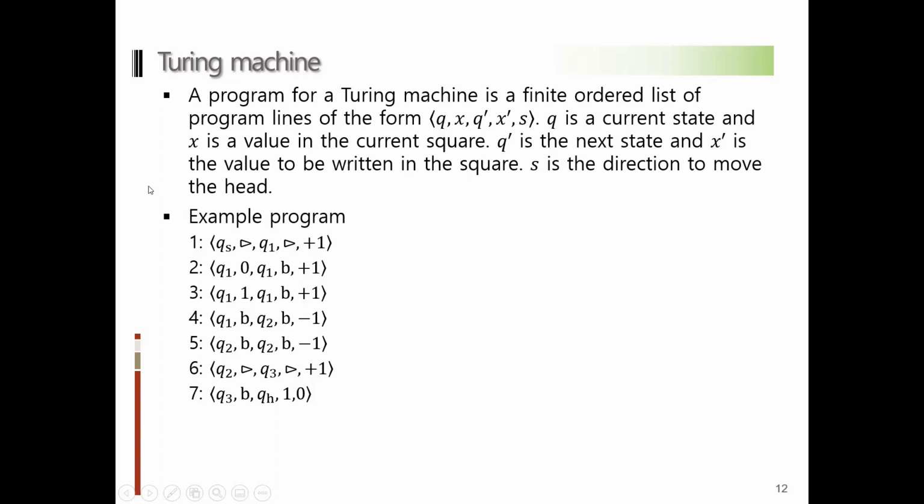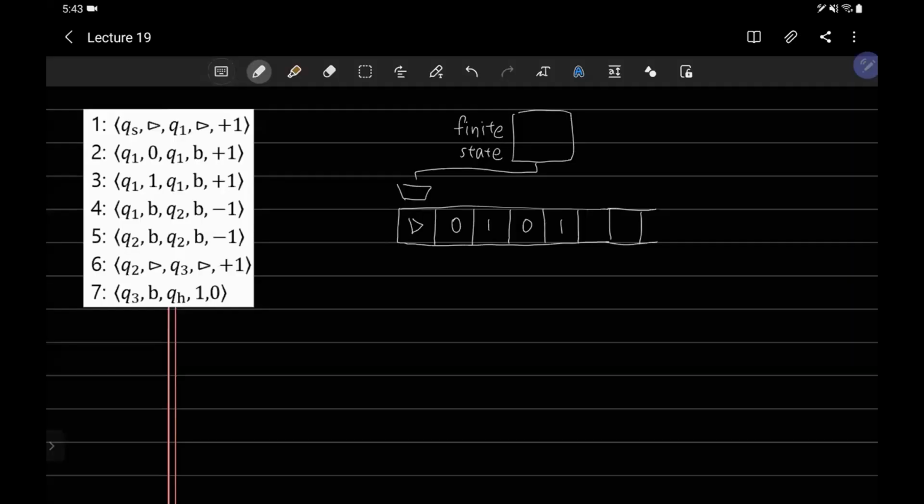Let me give you a more concrete example. Let's say that we started with this kind of tape, and this is the program which I showed you in the slide.